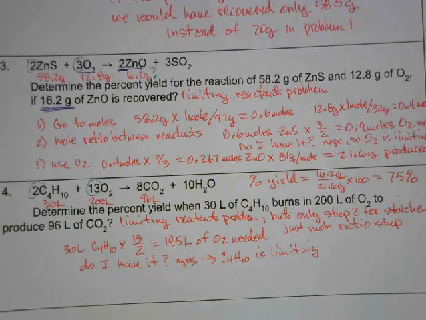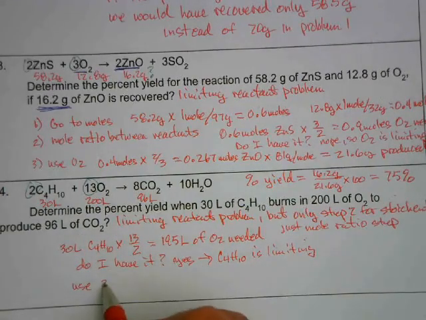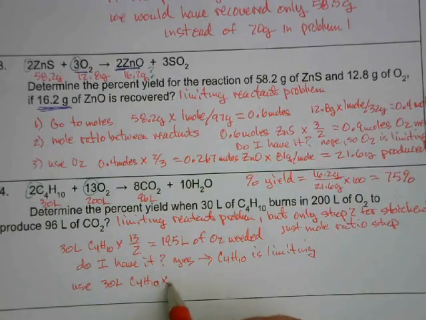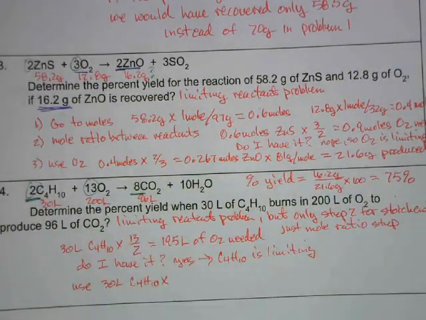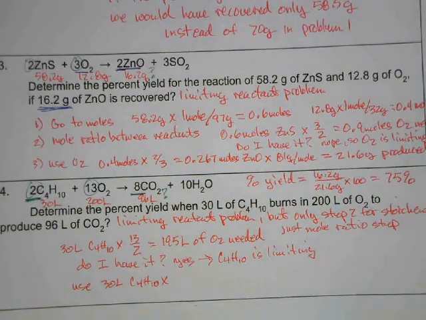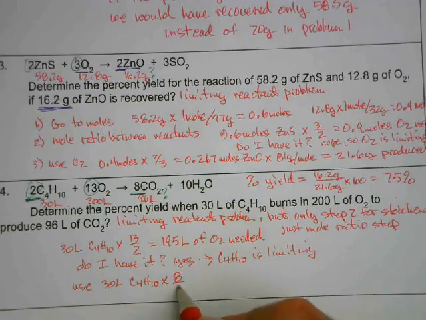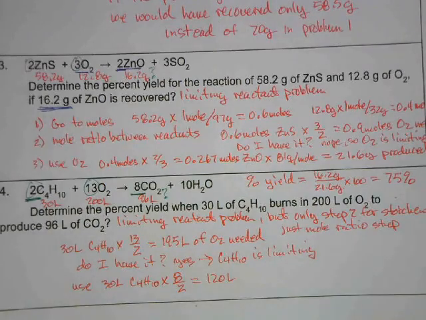All right, now I can go find, well, how much CO2 should I have? So I'm going to use the limiting one, the 30 liters of the C4H10 times, now my mole ratio, that's the question part. So I'm going to have 8 over 2, which is 4, which means this is 120 liters of CO2 produced.